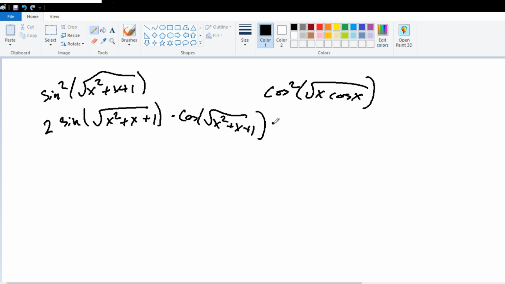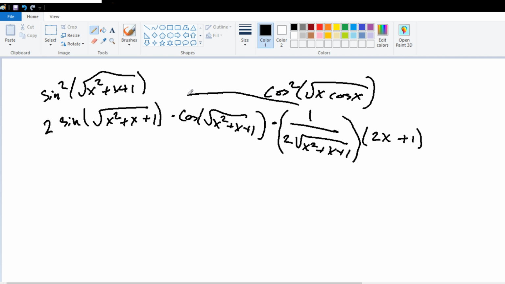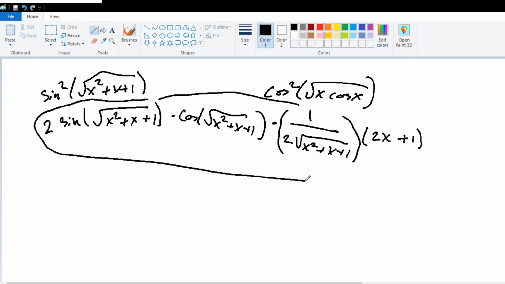And then we go in another step, derivative of the square root is going to be 1 over 2 times the square root of x squared plus x plus 1. We go in one more step, and the derivative of that polynomial is 2x plus 1. This is the derivative of our first problem.